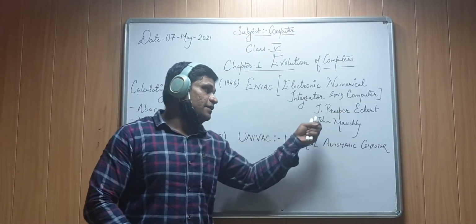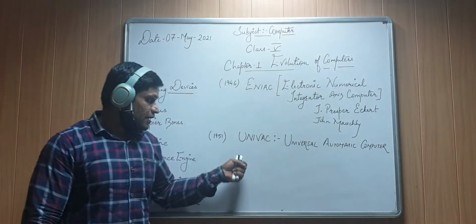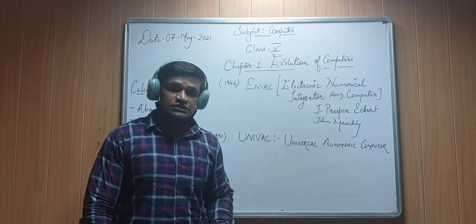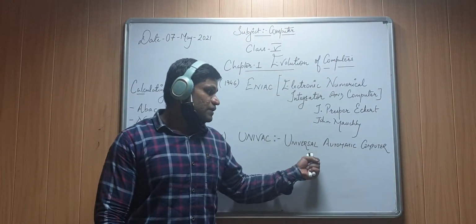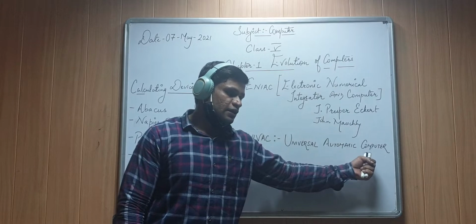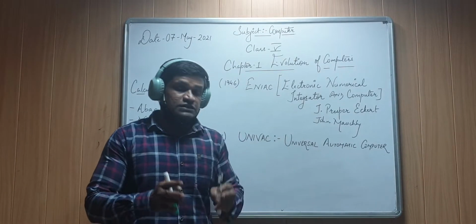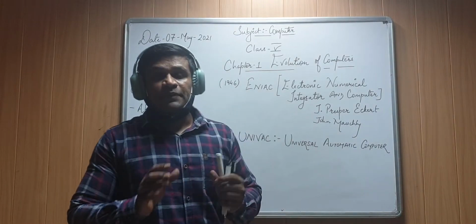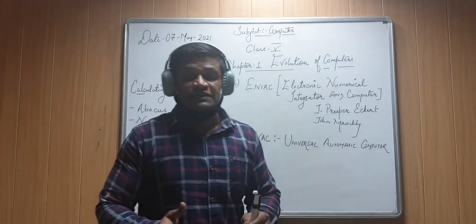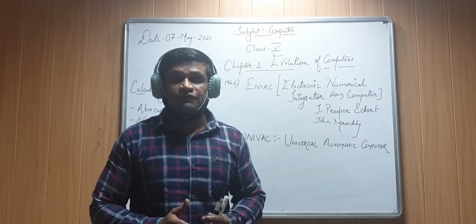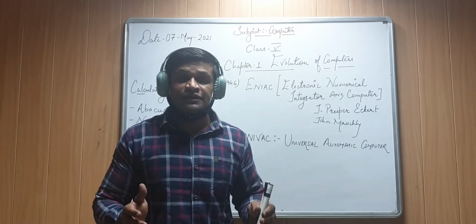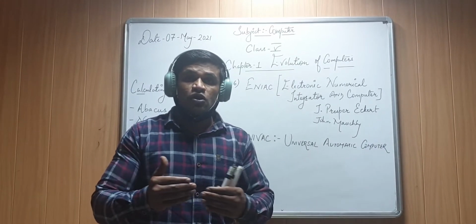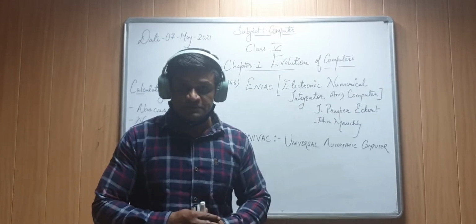After that, in 1951, J. Presper Eckert and John Mauchly developed UNIVAC. What is the full form of UNIVAC? Universal Automatic Computer. And it was the first commercially available computer. Now, commercial means the devices which are used at commercial level, at factories and offices, for commerce, for trade purposes.